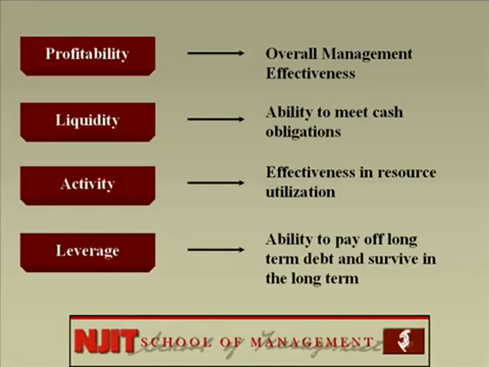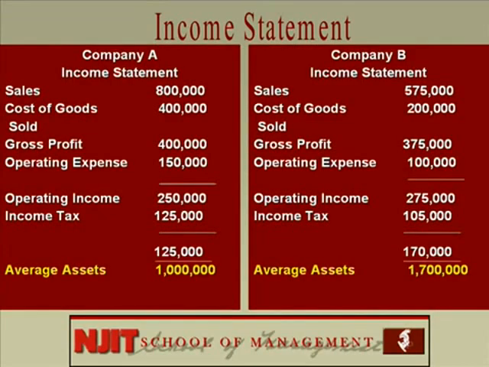So let's get our hands dirty. Let's start with your first ratio analysis. In front of you are 2 companies. I have given you an income statement for 2 companies, A and B. As you can see, for company A, the bottom line profit is $125,000, and for company B, the bottom line profit, that's sales revenue after you knock off your expenses, is $170,000.